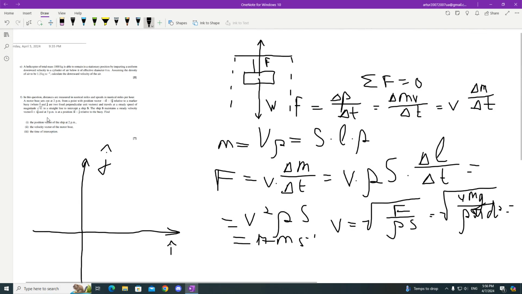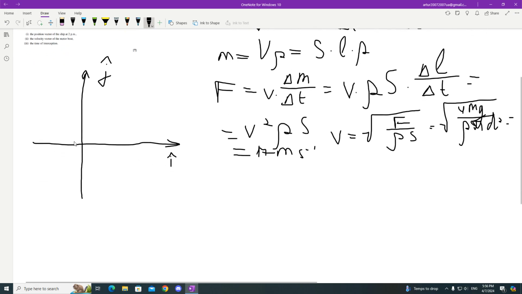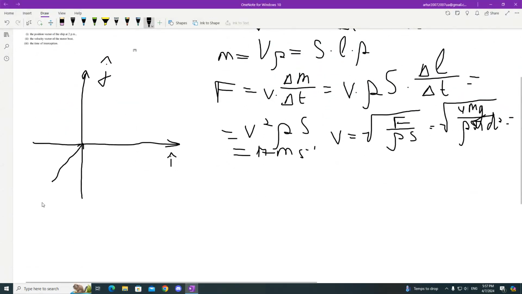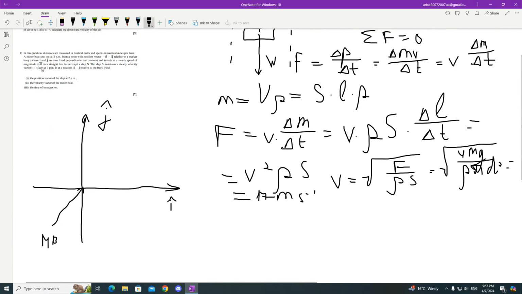So what can we draw here? First of all, we can draw the position vector of the motorboat at 2 p.m., and because it's minus 4i minus 5j, it's approximately here in this quadrant. So it's our position vector of the motorboat. We also have the magnitude of the velocity vector, but we don't know the velocity vector, so we just remember it but don't draw it.